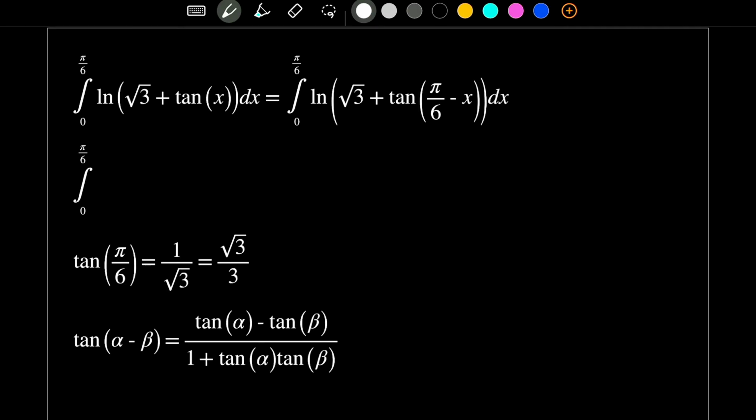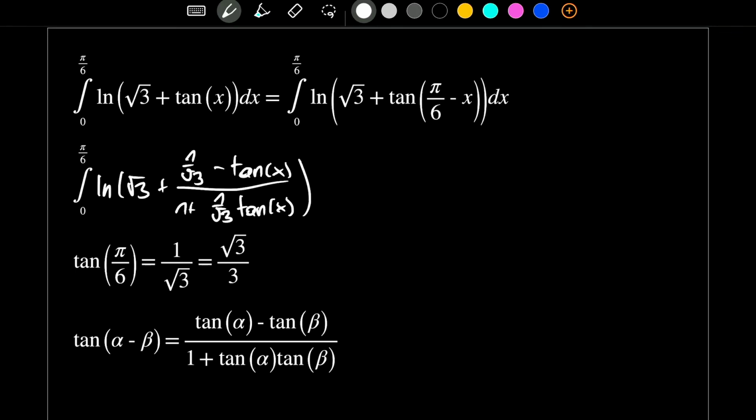So we're going to get the integral from 0 to pi over 6 of the natural log of the square root of 3 plus, and then we're going to use our formula for tangent alpha minus beta. So we're going to get tangent of alpha, which was 1 over square root of 3, minus tangent of x, divided by 1 plus 1 over square root of 3 times tangent of x, all in brackets, dx.